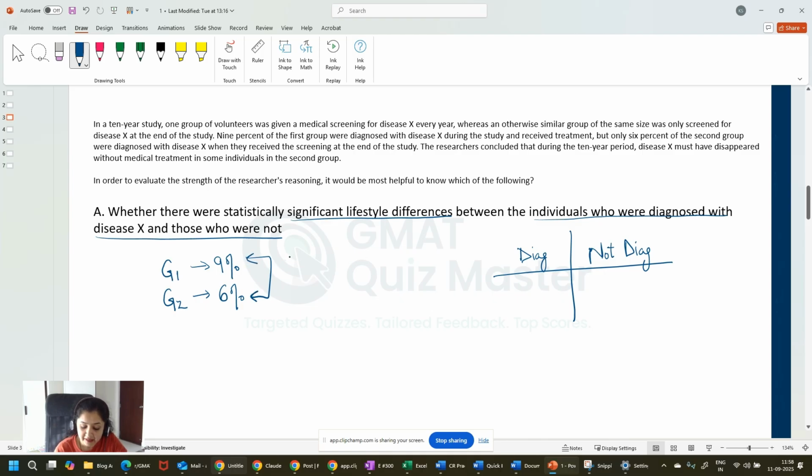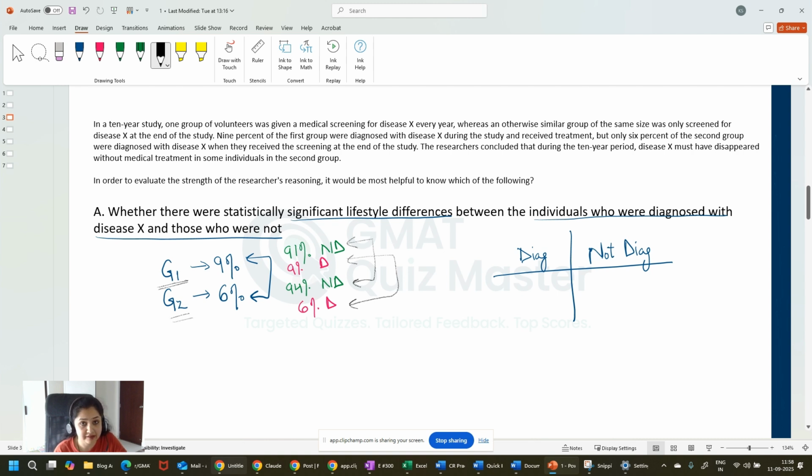G1 has 91% people who were not diagnosed with disease X and 9% people who were diagnosed with disease X. Similarly, G2 had 94% people who were not diagnosed with disease X and 6% people who were diagnosed with disease X. Now, the difference between the lifestyles of these people and these people does not explain why G1 had 9% people identified with disease X while G2 had only 6%.